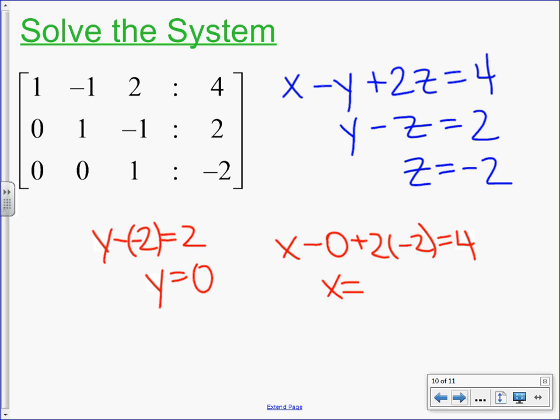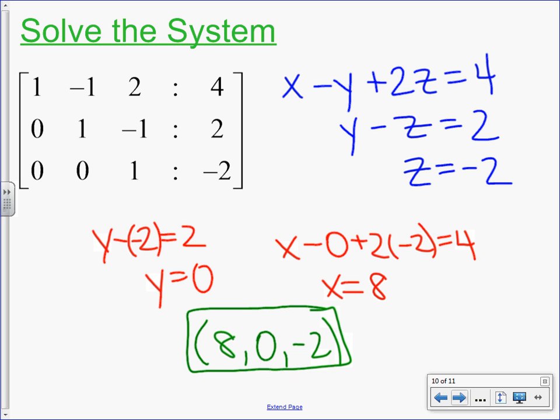What's x? So the solution to this system is 8, 0, -2. Why was that so easy to solve? Because it was in row echelon form. Do you see where this may be going?